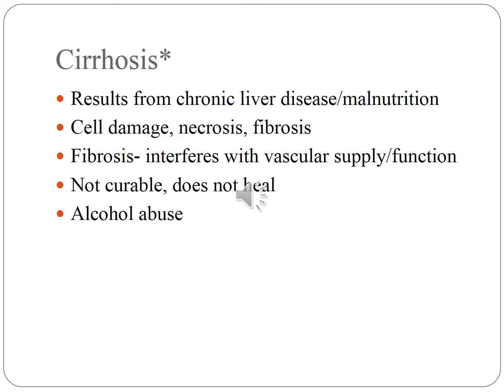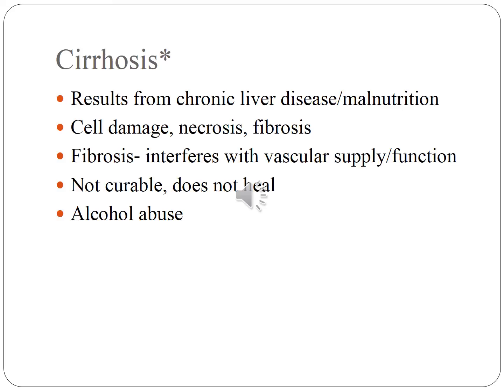So cirrhosis is a condition of the liver, and it can result from either chronic liver disease and/or malnutrition. What essentially ends up happening is the cells of the liver, which are very specialized cells. If you remember going back to the beginning of the semester when we talked about cellular pathology, the liver is one of the areas of the body, like many others, that have specialized cells that produce its functions.